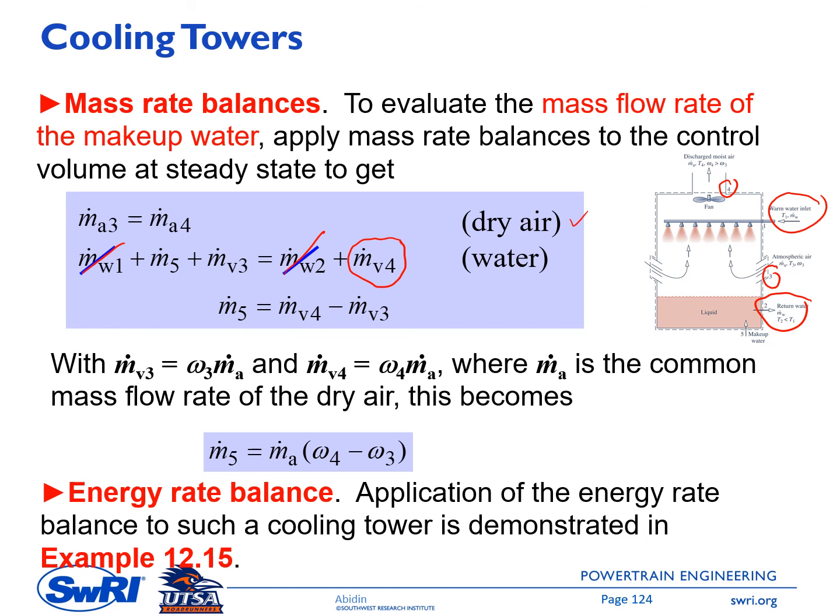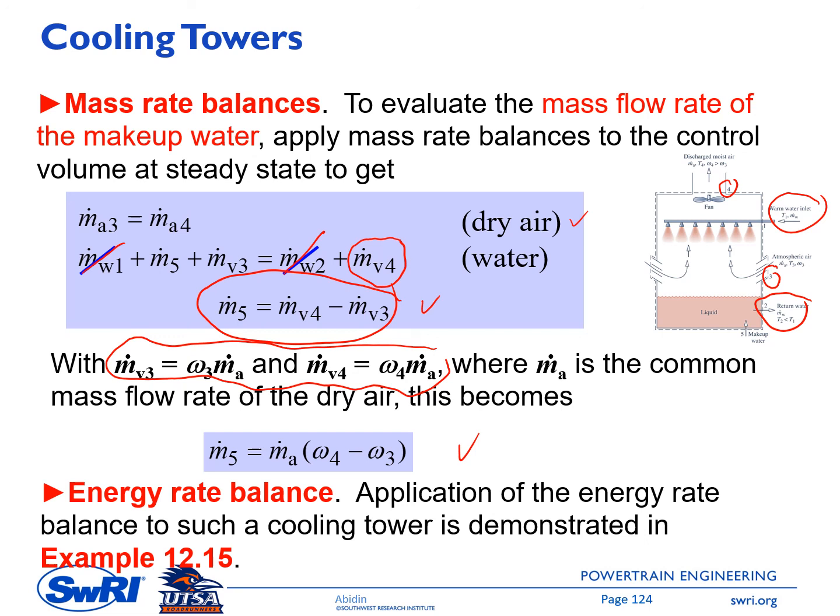Then we can simplify the equation to get this one, and by inserting this correlation, we will get this equation to estimate the makeup water flow. This equals m dot A times omega 4 minus omega 3.